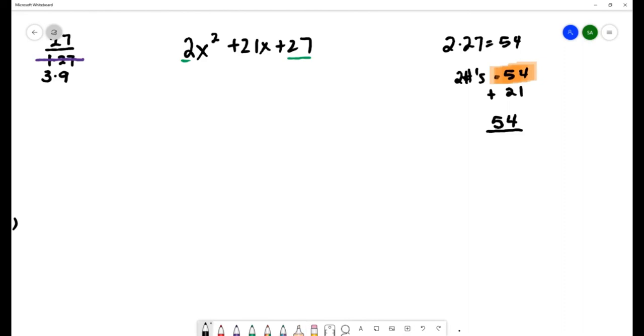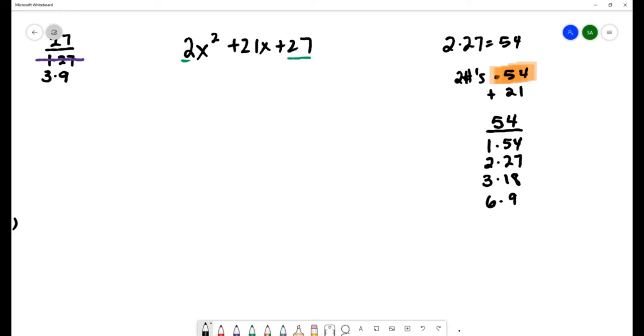So that's 1 and 54, 2 and 27. 3 goes into 54, let's see, 18 times. 4 doesn't go in there. 9 does, 6 times 9. And these are all the factors of 54.